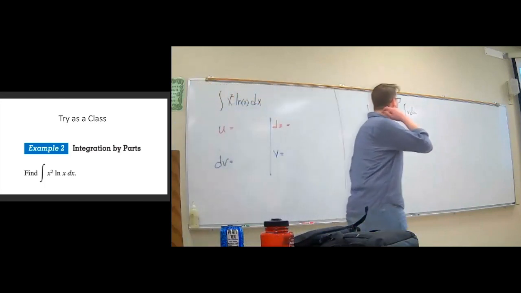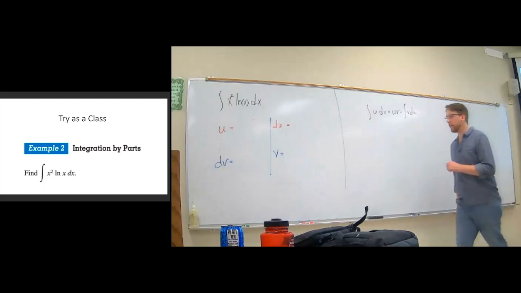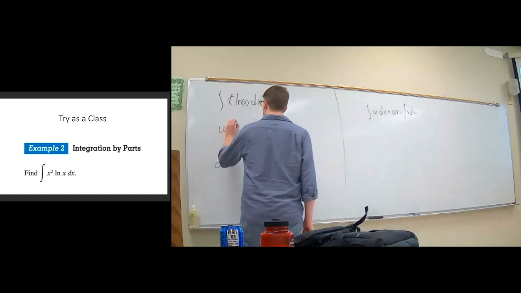Well, right now, let's play with this a little bit. Let's just consider a couple different things. Let's start by considering u to be equal to the ln of x.